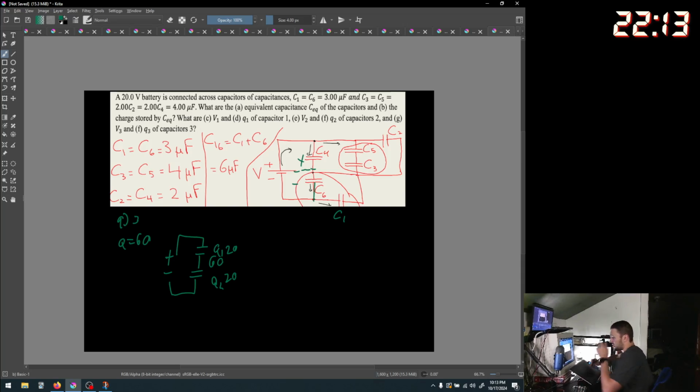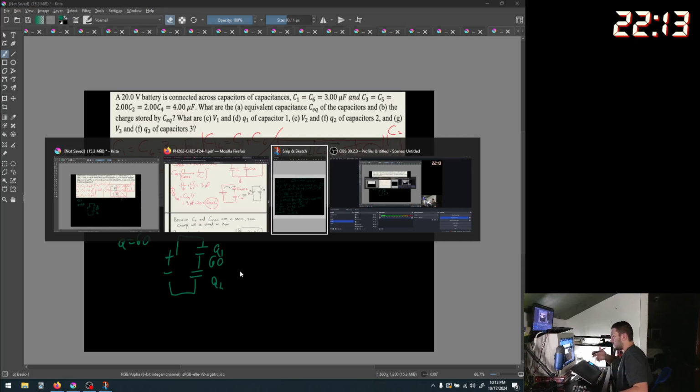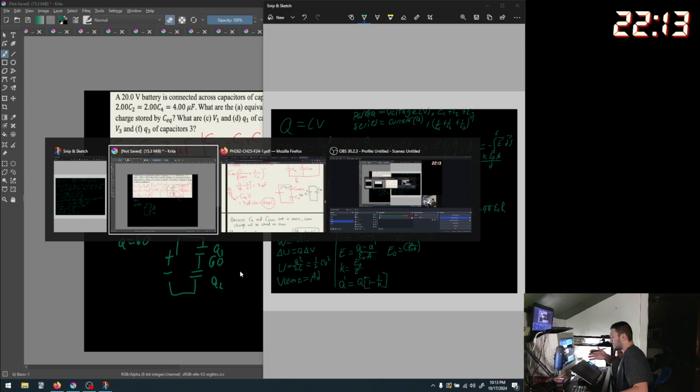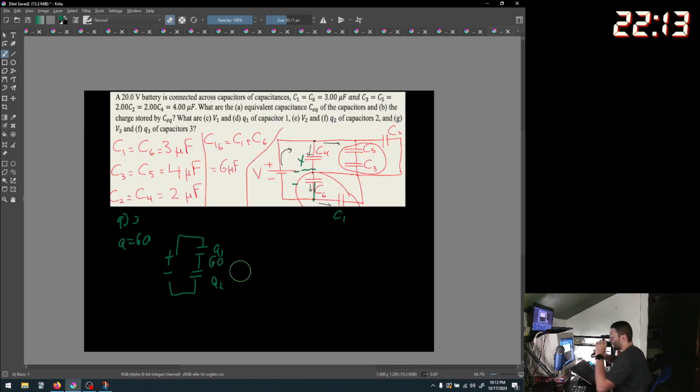And series charge carries over, so yeah. Wait. Carried over voltage. Series. Voltage don't carry over. We need to find voltage. It's the equivalent of 2, 3.